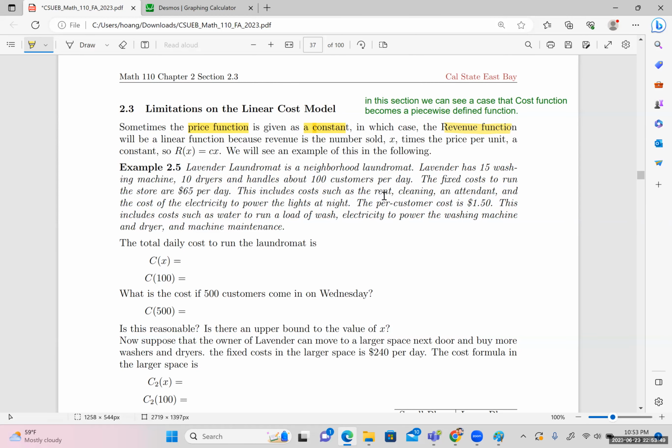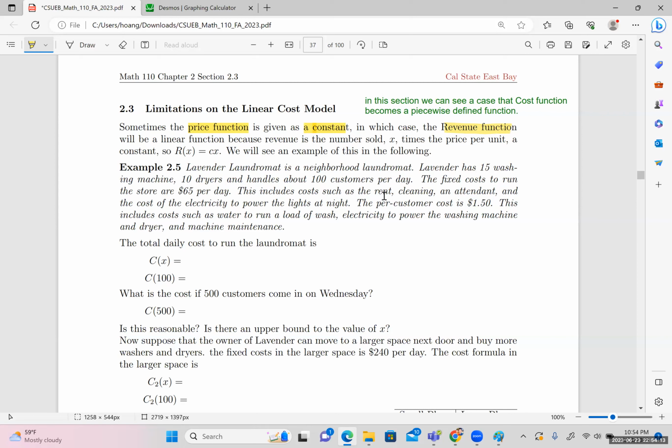Let's say in your business, you want the item to be a fixed price, and you don't want to change. No sale, nothing else, just that price forever.